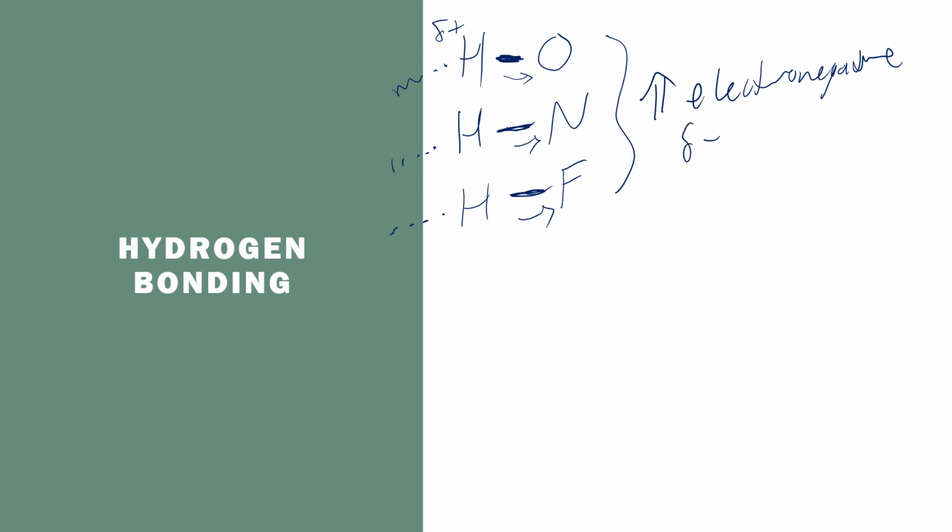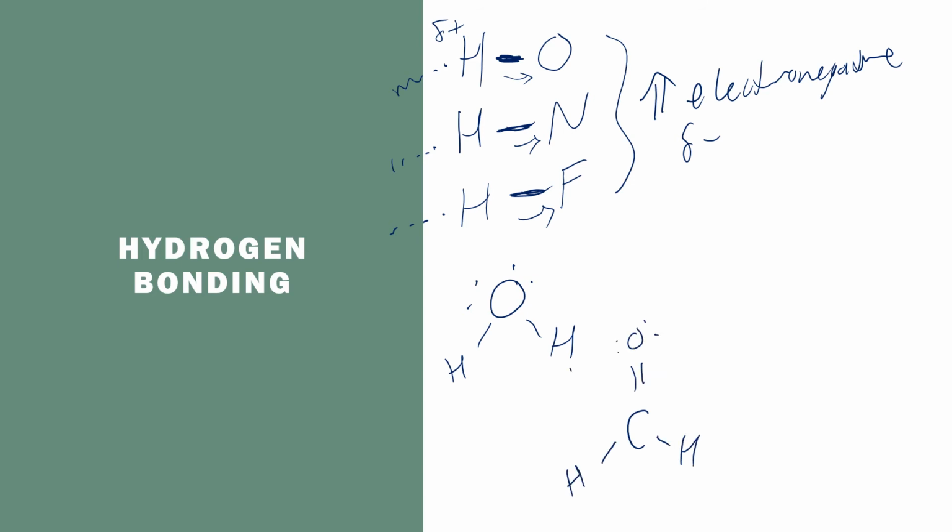And so let's look at water. When you have a water molecule, that hydrogen can form a hydrogen bond with another water molecule, for example, because this is slightly positive and the oxygen is slightly negative. Instead of bonding with another water molecule, it could also form a hydrogen bond with something else that has a lone pair, like if you have formaldehyde here.